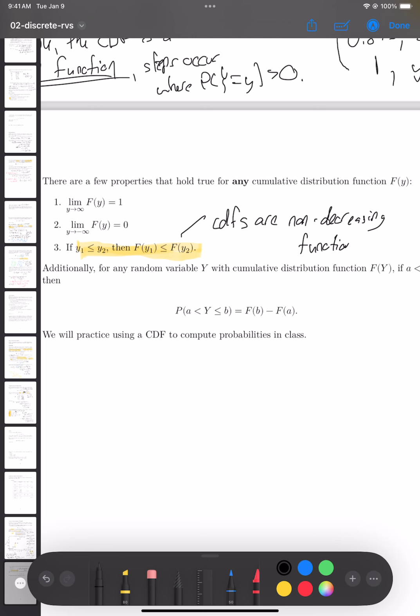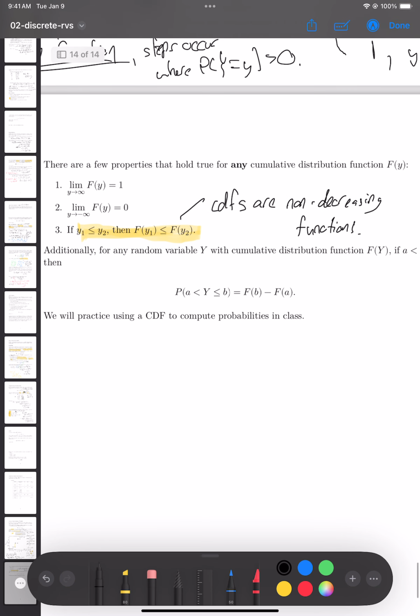So they're not necessarily increasing because they're allowed to stay the same as y goes up, but they're never decreasing. There's a last little property here that we will end up applying in class, but at this point you should have enough information to jump over to the prep quiz to answer some questions.